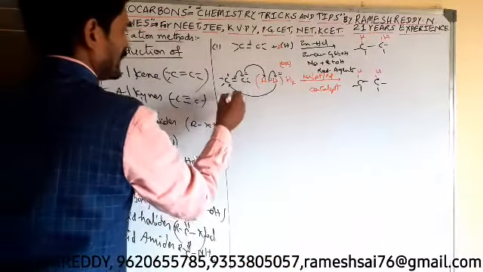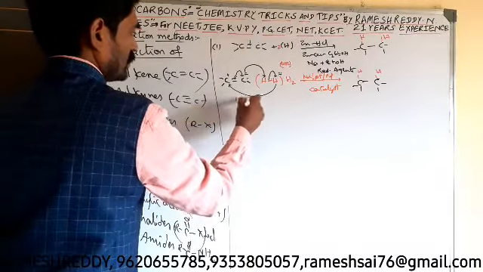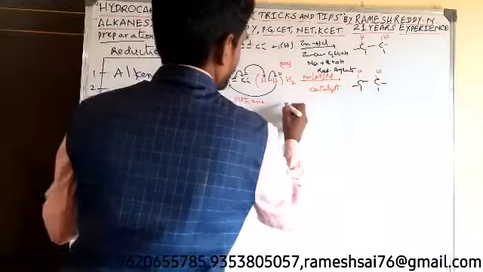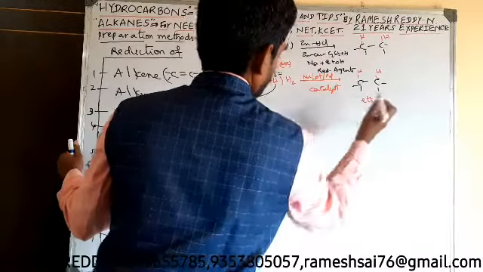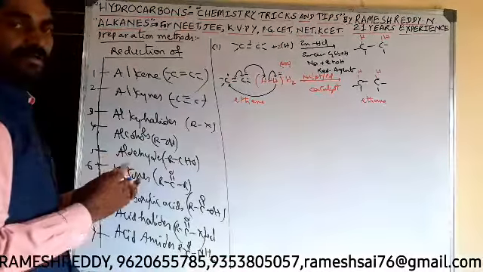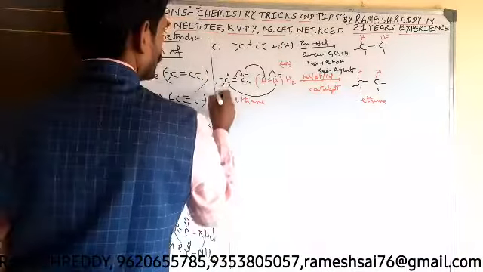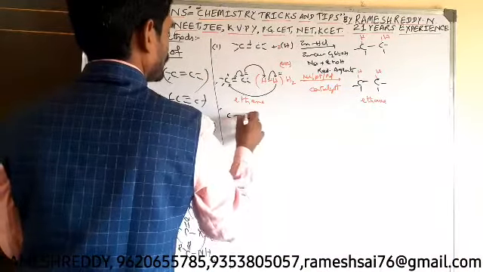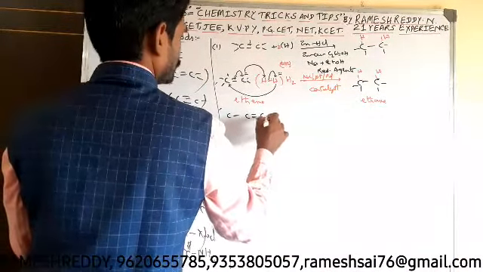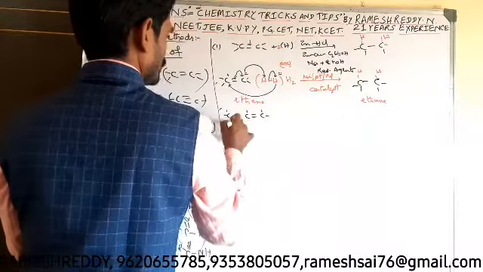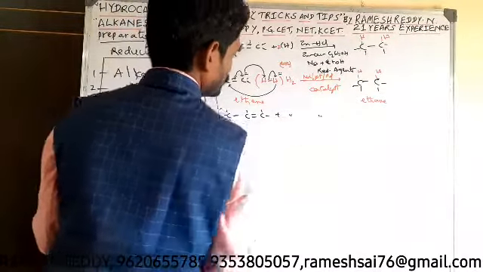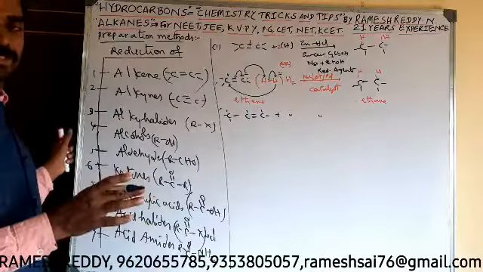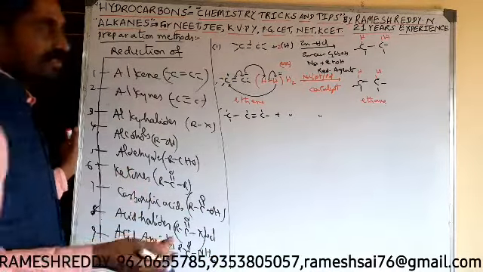If it is ethene, you will get ethane. If it is propene, 3 carbons, propene, right? This is also called hydrogenation, addition of hydrogen, nothing but reduction.